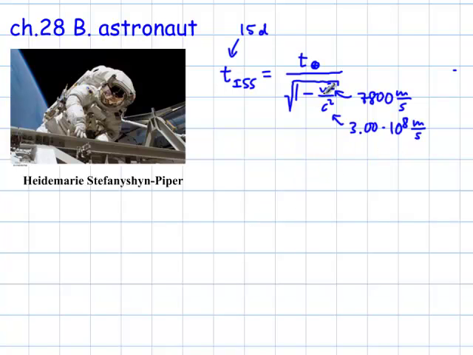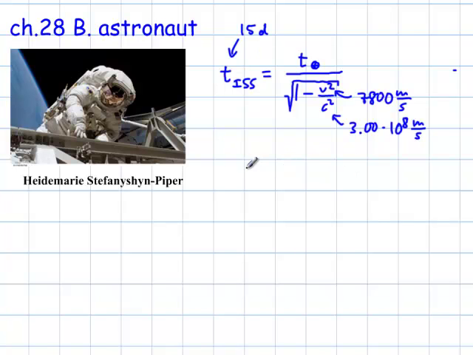Since this one is given in meters per second, I have to do the same thing for the speed of light. I cannot take the shortcut of dividing out c squared because this one is not given in terms of c. I have to figure out what the time difference is, so this is what I would have to do.